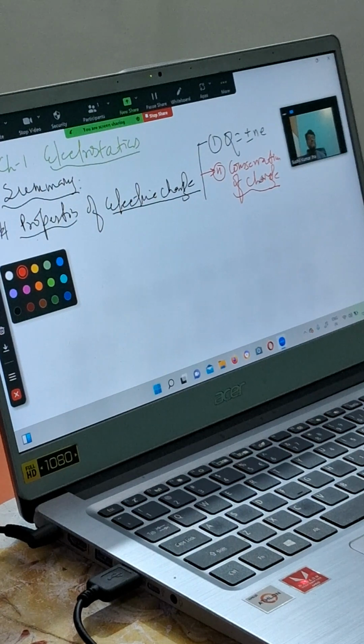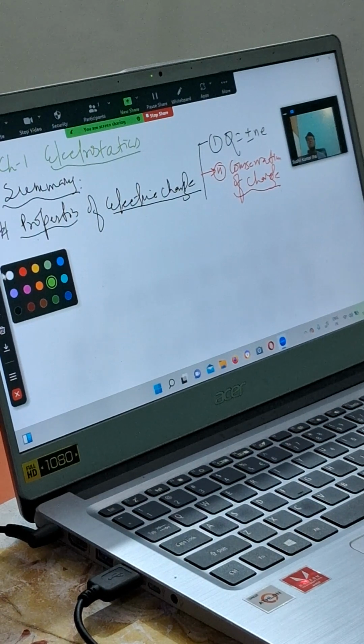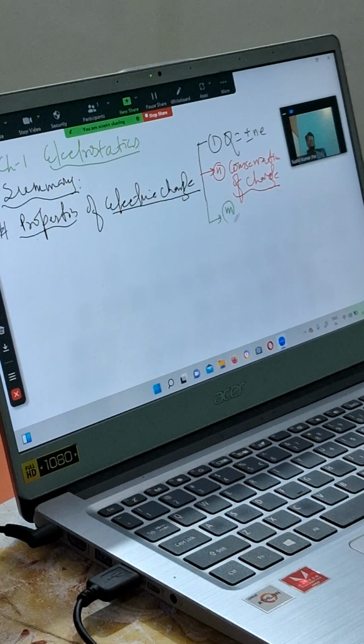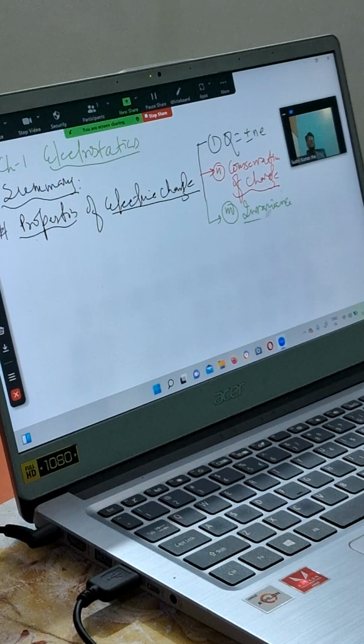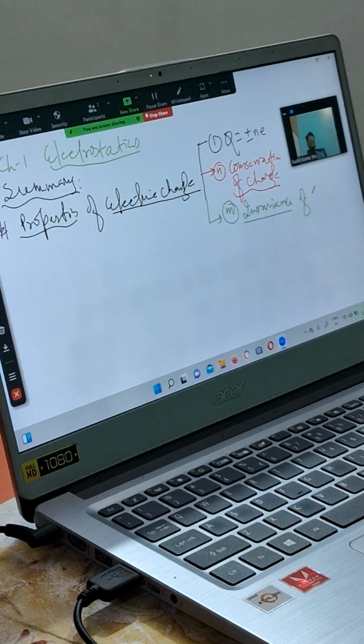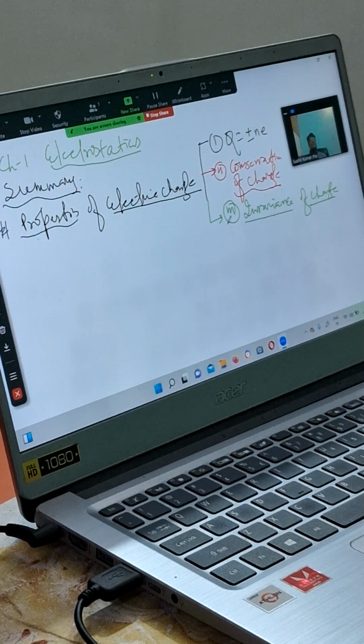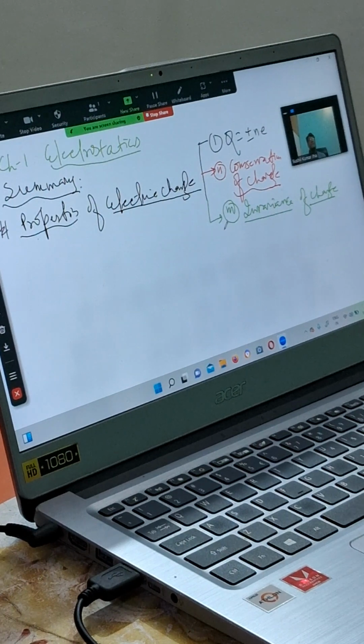Then next is the invariance of charge. What does it mean? It means electric charge is independent of the speed of a body. Whatever charge an object has, that remains the same or constant.